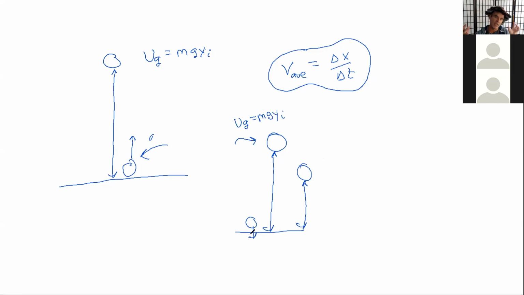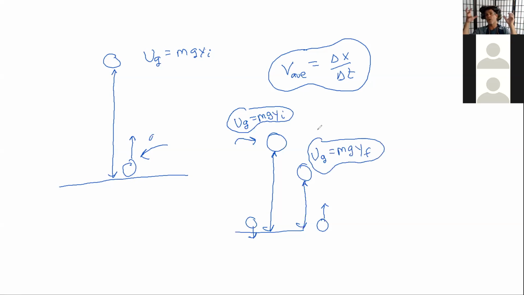Then it hits, it loses some energy to heat and sound, and then goes back up. Again, if I assume it doesn't lose any energy going from after it bounces to the highest point, then I could just say the energy right before it collided was mgy initial. The energy right after would be mgy final. And the difference between these two would be how much energy was lost to heat and sound.